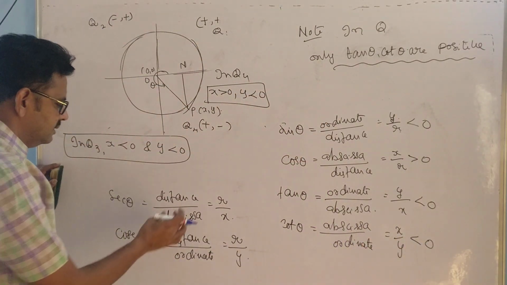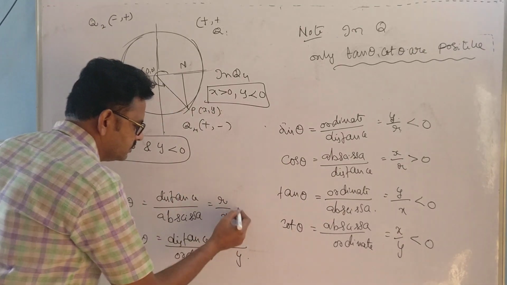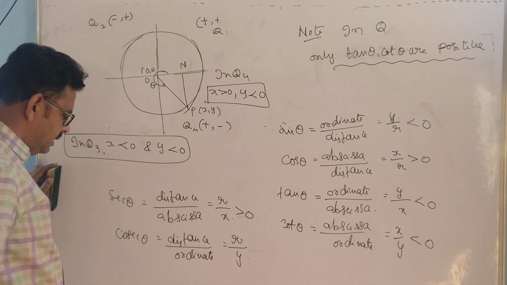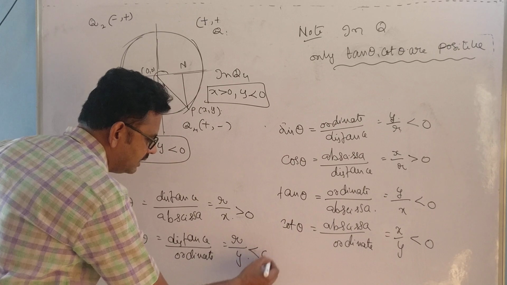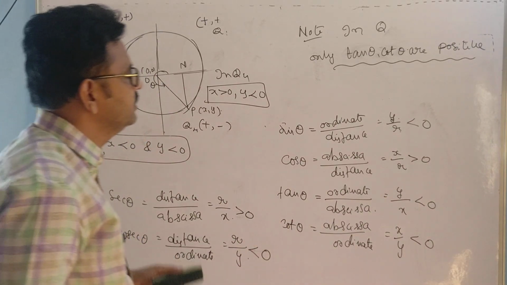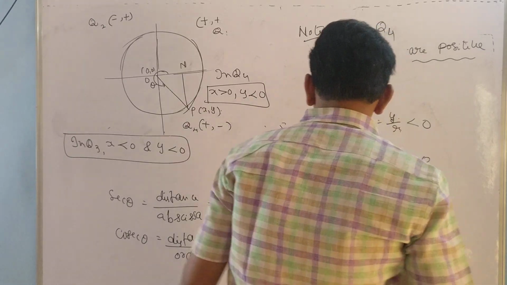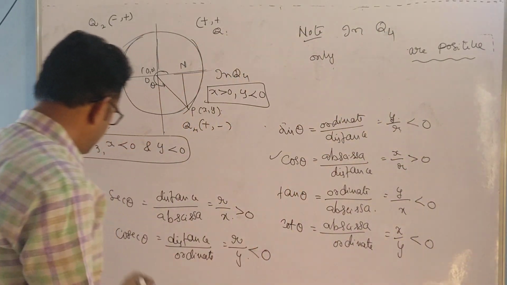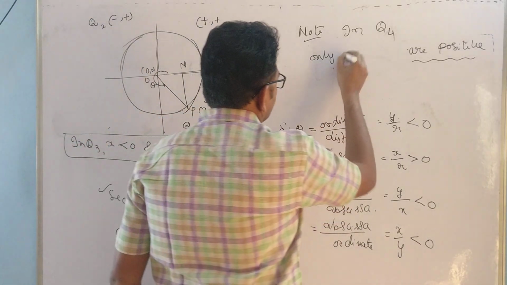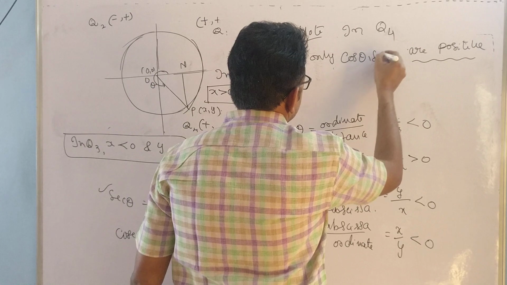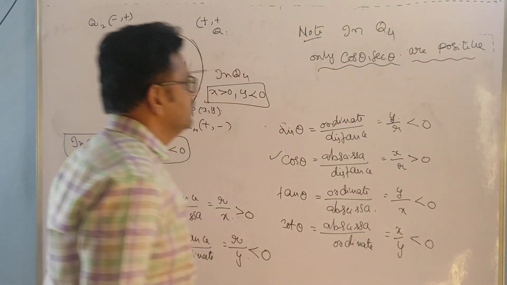Secant theta means r by x, r positive, x also positive, so this is positive. Cosecant theta, r by y, r positive, y negative, which is less than 0. So in Q4, only cos theta and secant theta are positive, and the remaining trigonometric ratios are negative.